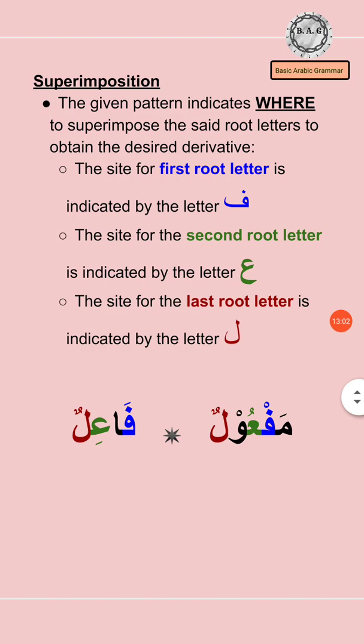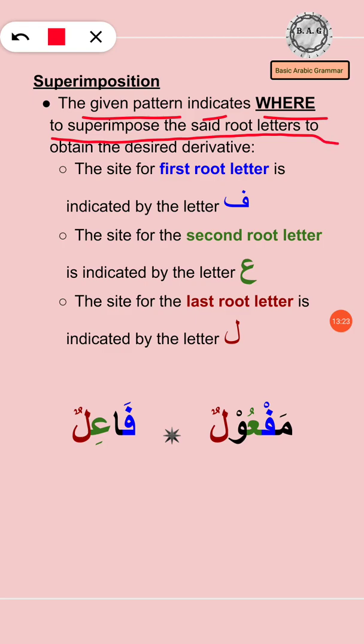This is the basic concept of the entire lesson, and actually the entire Arabic, to be very honest. So superimposition, let's just read through it: the given pattern indicates where to superimpose the said root letters to obtain the desired derivative.